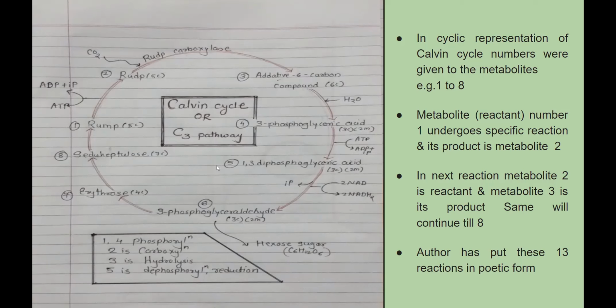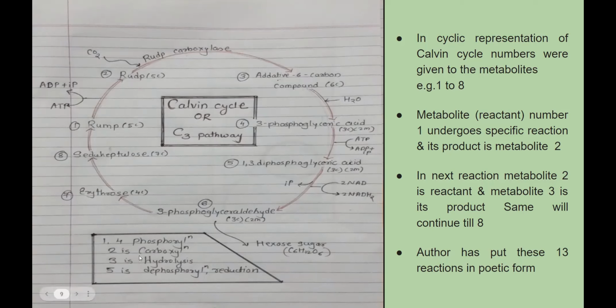So after learning this poetic form, students will remember all the compounds, and while writing they can use this box. For reaction number 1, they will write RuMP, and here it is phosphorylation: ribulose monophosphate will undergo phosphorylation, that is addition of a phosphate group, and there is synthesis of ribulose diphosphate, RuDP.